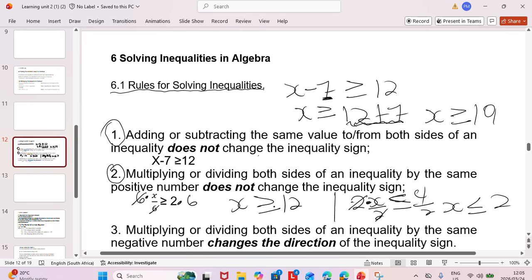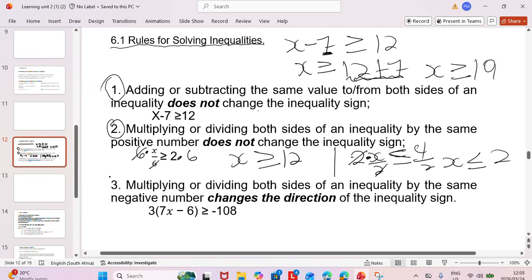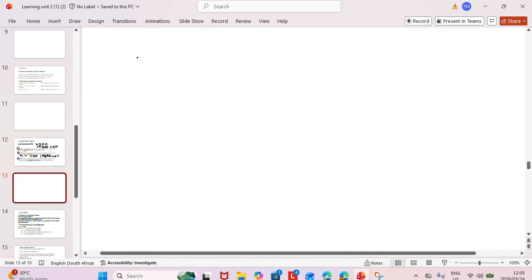Let's move to number 3. Number 3, guys, multiplying or dividing both sides of an inequality by the same negative number changes the direction of the inequality sign. So it means now, guys, if you have minus 3x less than or equal to 6, notice x is multiplied by a negative number, which is minus 3.